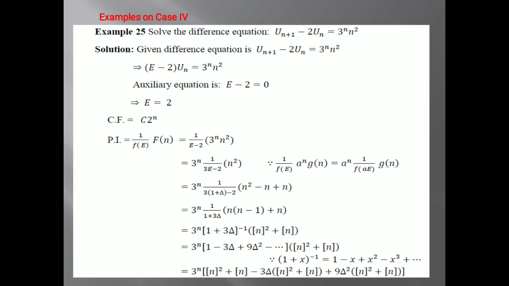So in the third step, 3 raised to n into 1 upon 3 into 1 plus delta minus 2 into n square minus n plus 1.